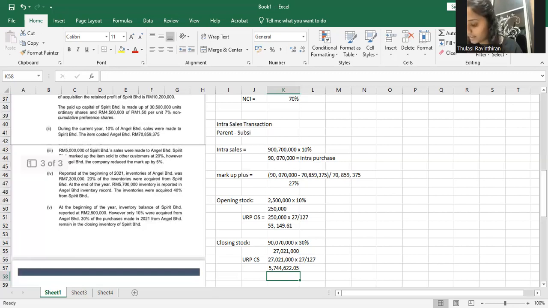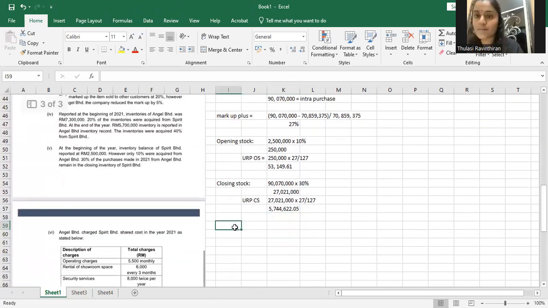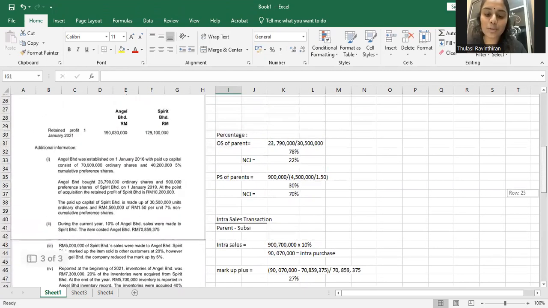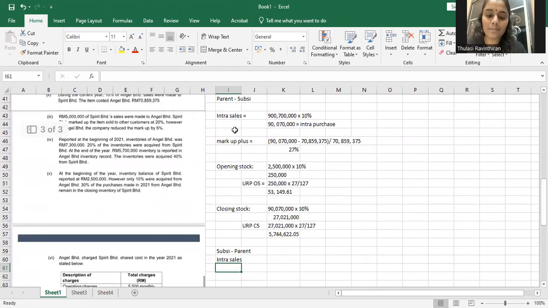Okay, then next I'm going to calculate intra sales from subsidiary to parent. Look at Roman 3. 5 million of Spirit Berhad sales were made to Angel Berhad. Spirit Berhad marked up the items sold to other customers at 20%.